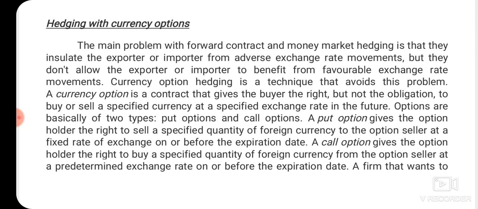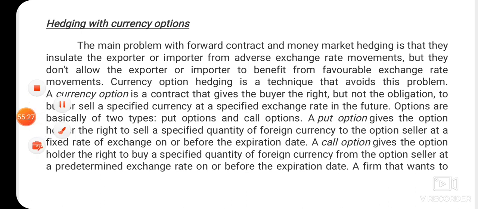However, the investor is not obligated to do so, but there is a chance of unlimited profit or unlimited loss here. Mainly it is classified into two types: call option means the right to buy, and put option means the right to sell.